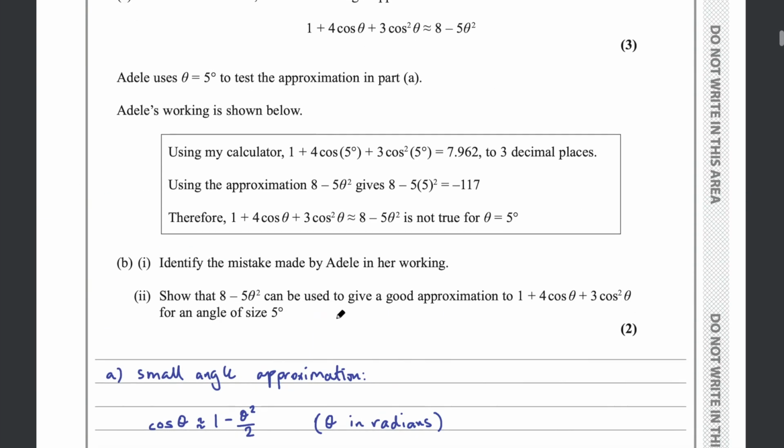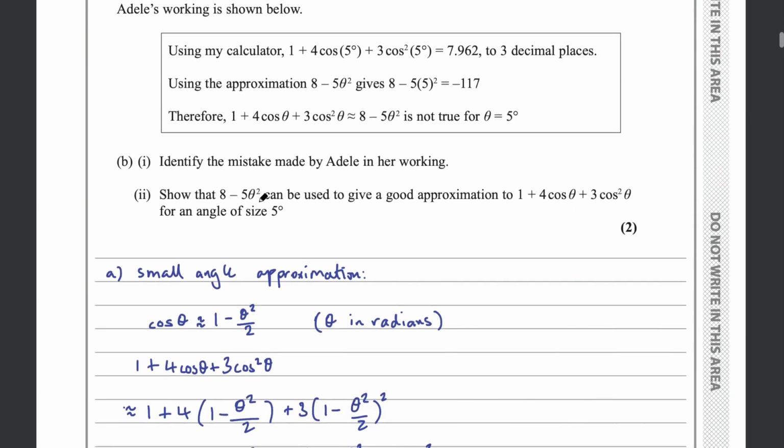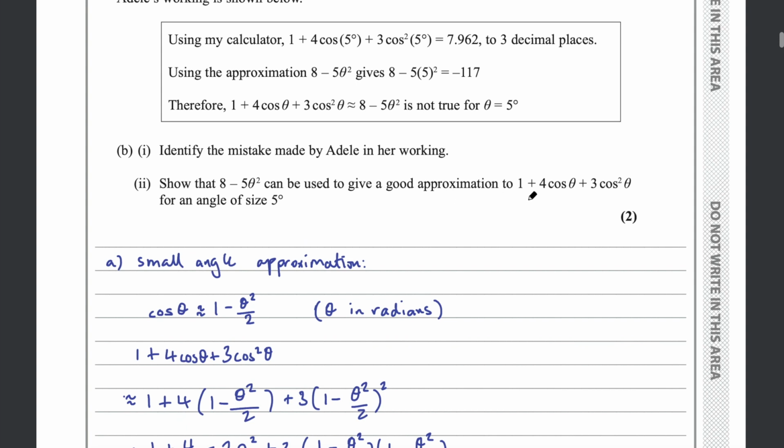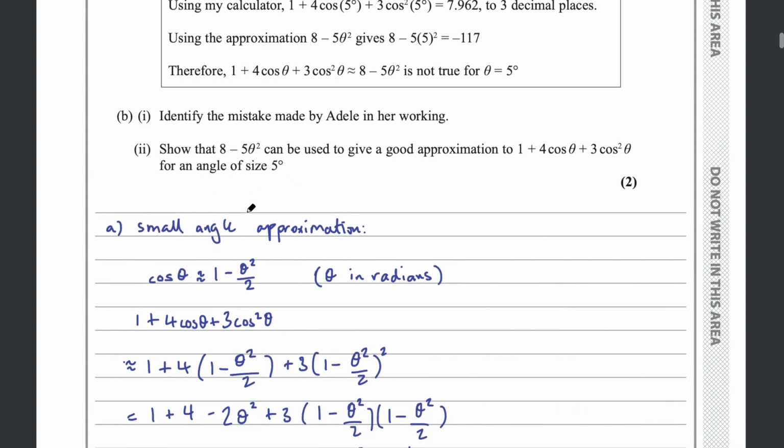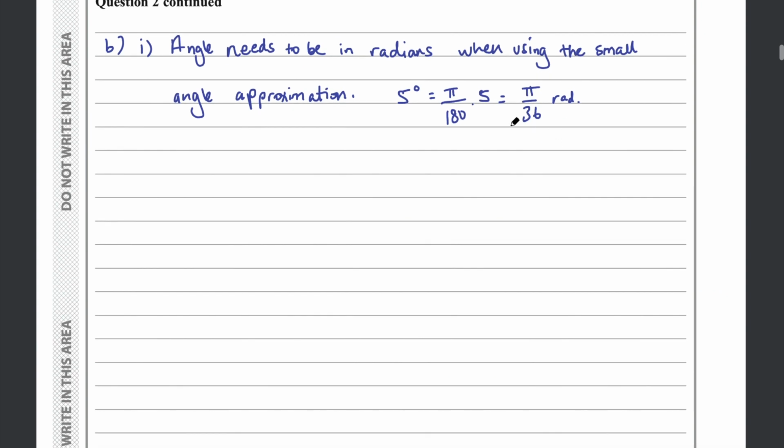And part 2 says show that 8 take 5 theta squared can be used to give a good approximation to 1 plus 4 cosine theta plus 3 cosine squared theta for the angle of size 5 degrees. Okay, so this is going to involve putting this angle in radians into our approximate expression.